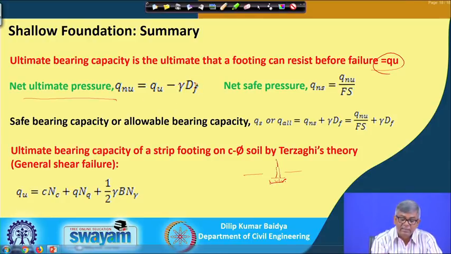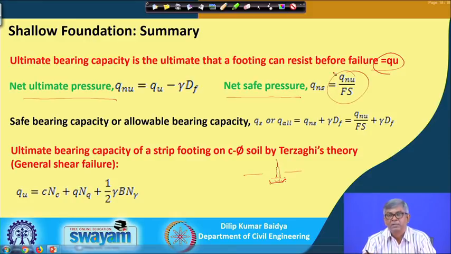So, net ultimate is ultimate minus the surcharge, and net safe is net ultimate divided by factor of safety. Ultimately, we use the pressure with some factor of safety, and here the factor of safety is generally between 2 to 3 for foundation engineering.